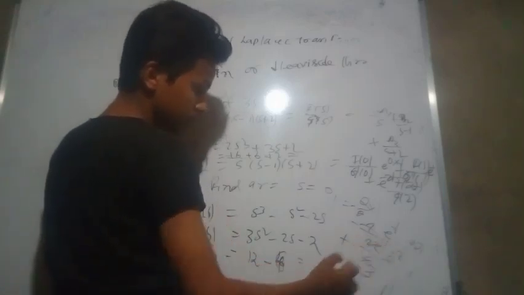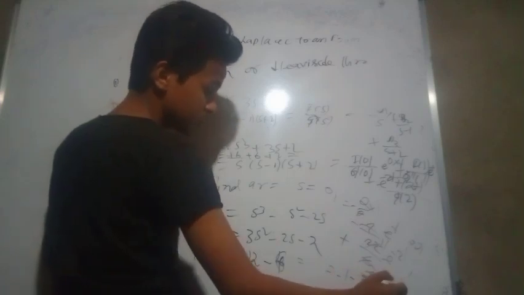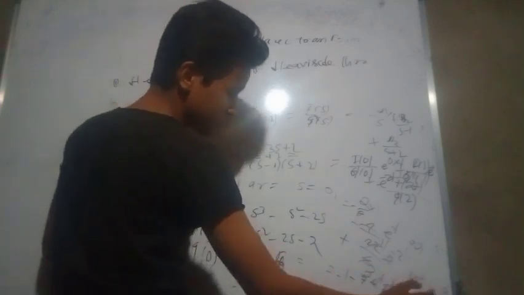So minus 1, 7 e to the power t plus 11 e to the power 2t, which is our inverse of this Laplace transform.